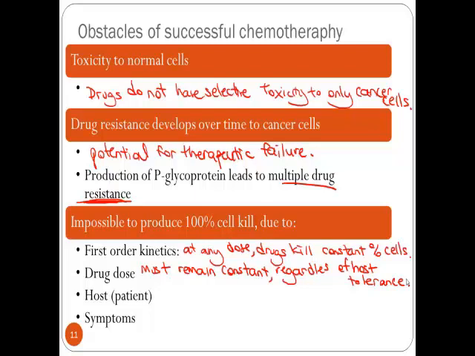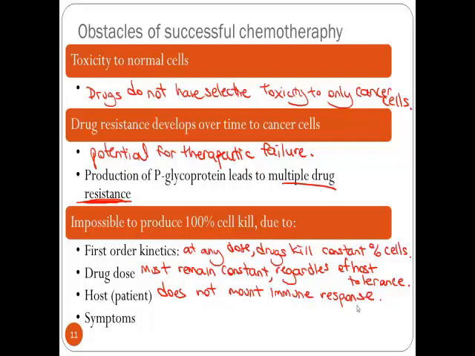The third one is that the patient does not mount an immune response, especially at the higher mass, right? So the patient or the host isn't helping at all to get rid of the cancer.